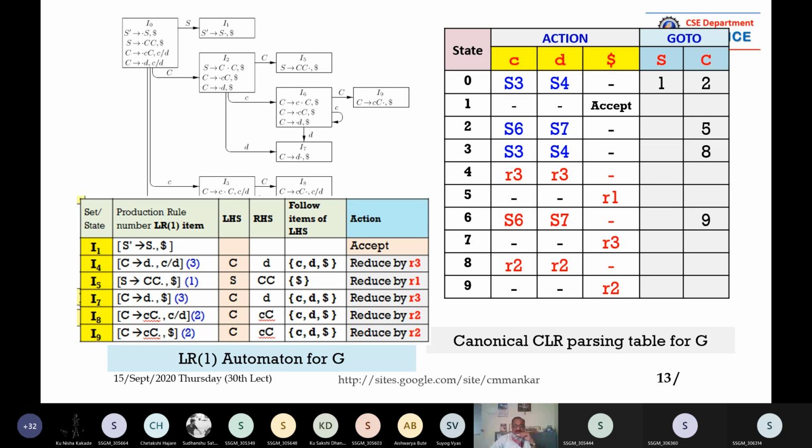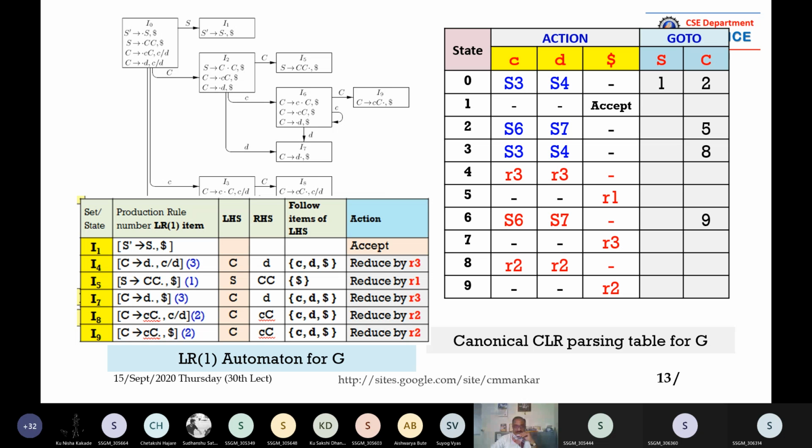From this table, if you see I5, there is a reduce by rule 1. And if you refer to the parsing table, state number 5, there is R1 in the dollar column. Why the dollar column? Because in I5, dollar is represented as a look ahead. There can be multiple look aheads. Take the example of state 8.